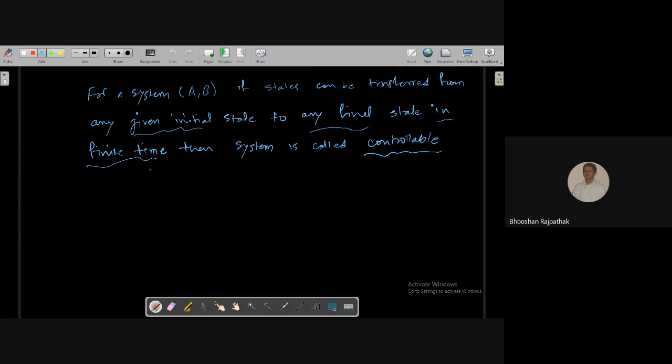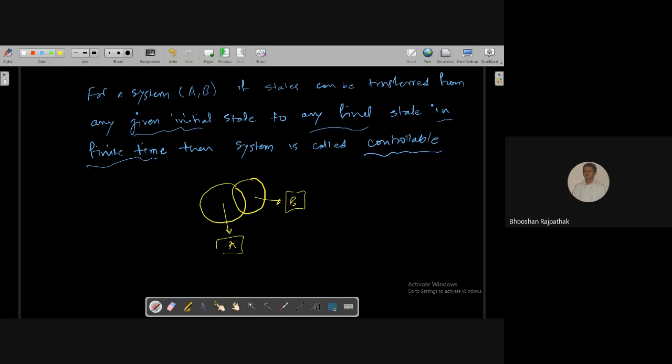So controllability is completely different from stability. For understanding, I will draw two circles, a Venn diagram. This is set A, this is set B. Let's say set A is stable systems, set B is controllable systems. These two sets are not subsets of each other.